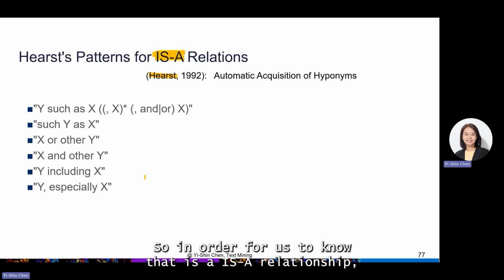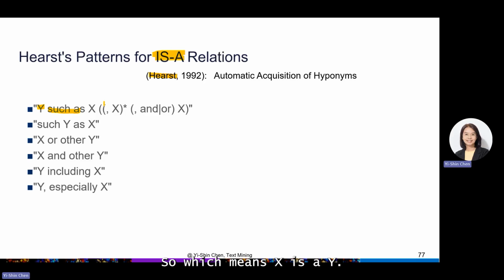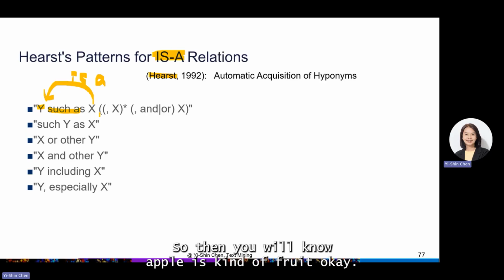So in order for us to know that is an ISA relationship, we can have different patterns, such as "Y such as X", which means X is a Y. Because right here you can say "fruit such as apples", so then you will know apple is a kind of fruit.